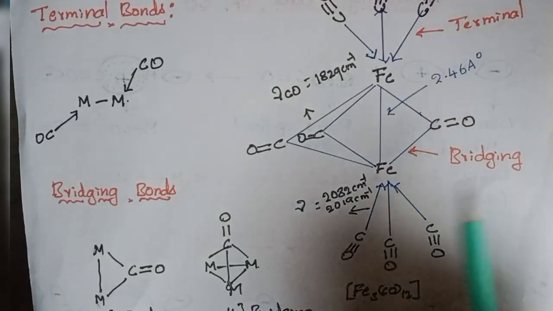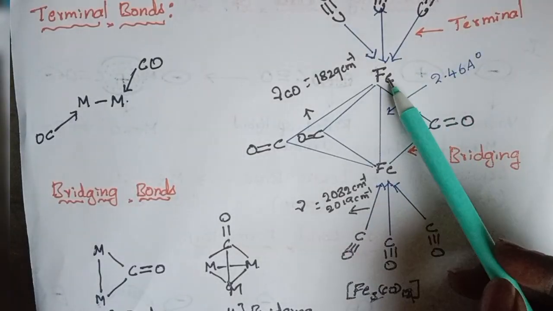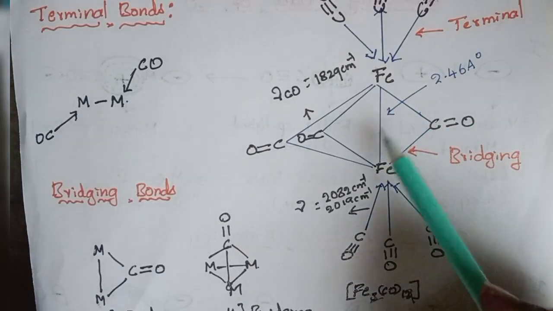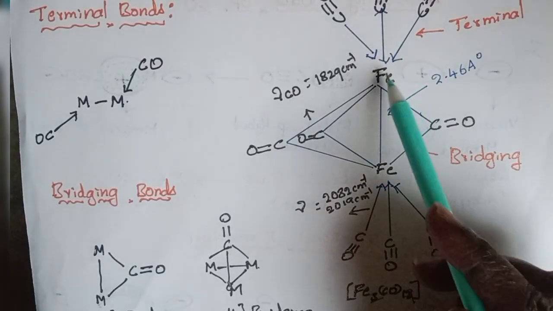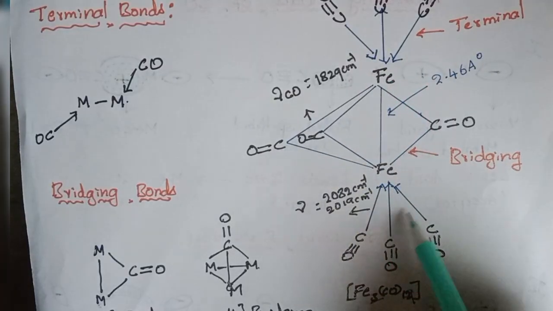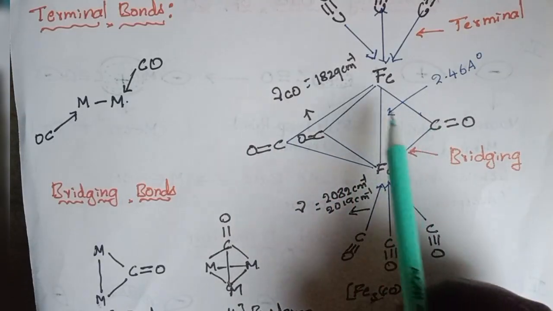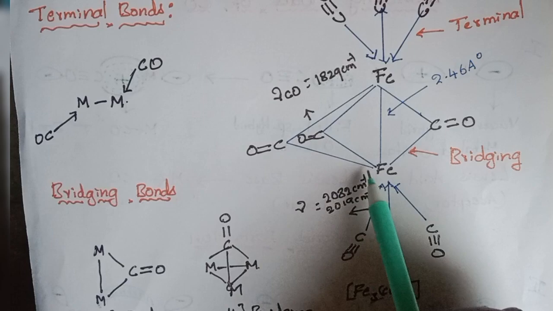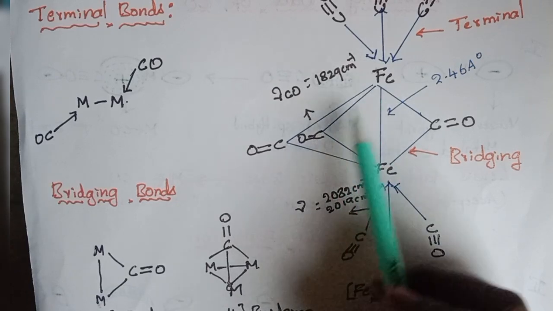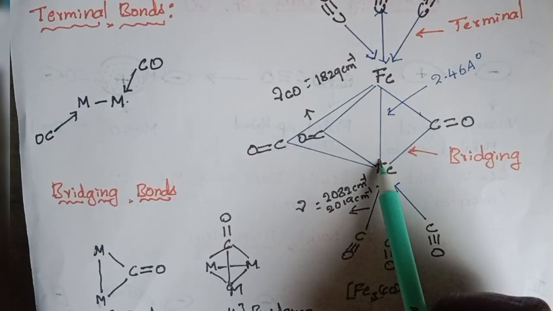And the example is Fe2(CO)9. Two iron atoms will be like this, with three terminal carbonyls attached to each iron atom, three each, and the remaining three carbonyls attached to the metal ions in bridged positions. Each carbonyl is acting as a bridge between the two metal ions.